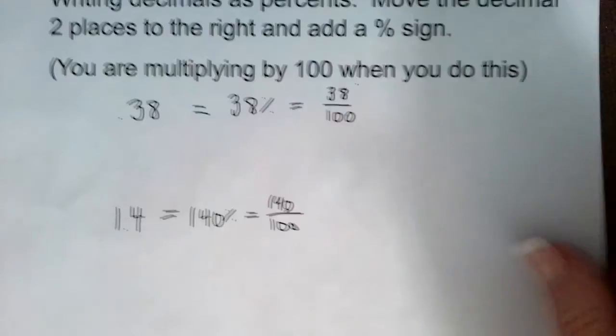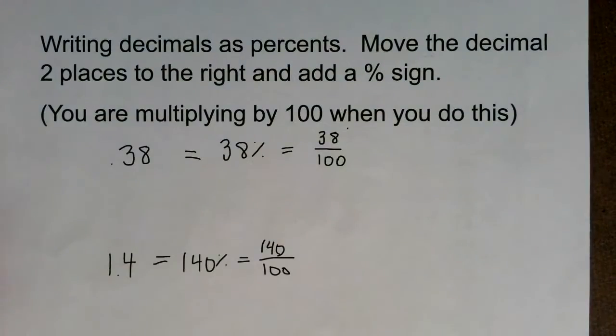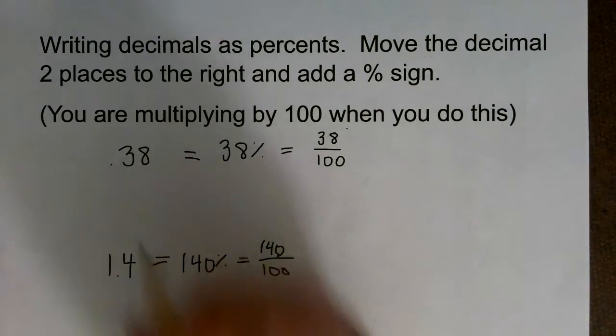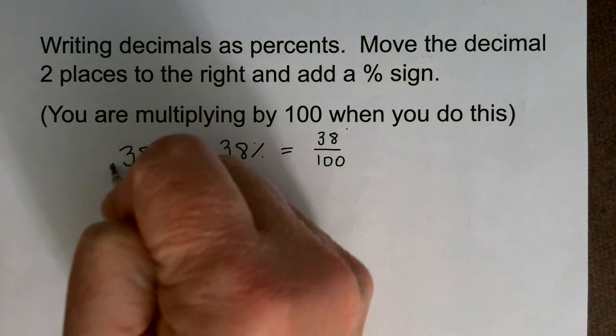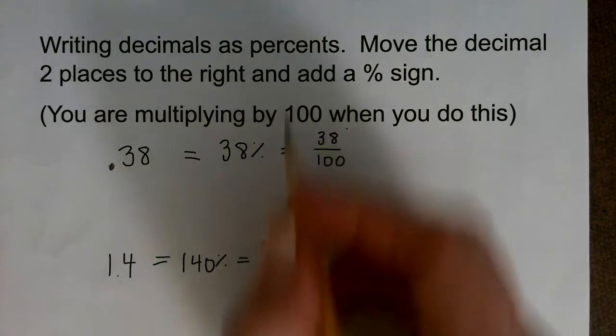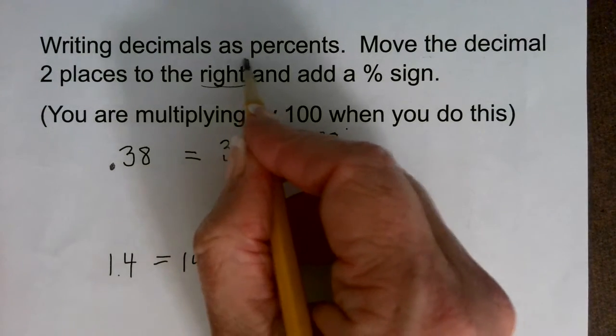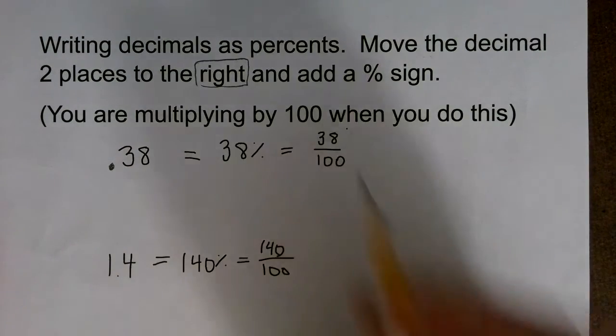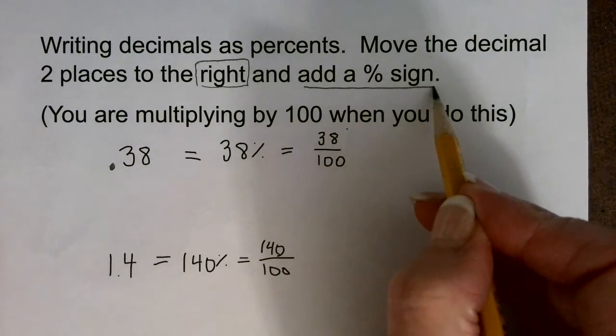Then on the back, we worked through just the other way around, writing decimals as percents. So you've got this decimal of 38 hundredths. You're going to move the decimal 2 places to the right when you change it to a percent, and then you're going to add a percent sign.